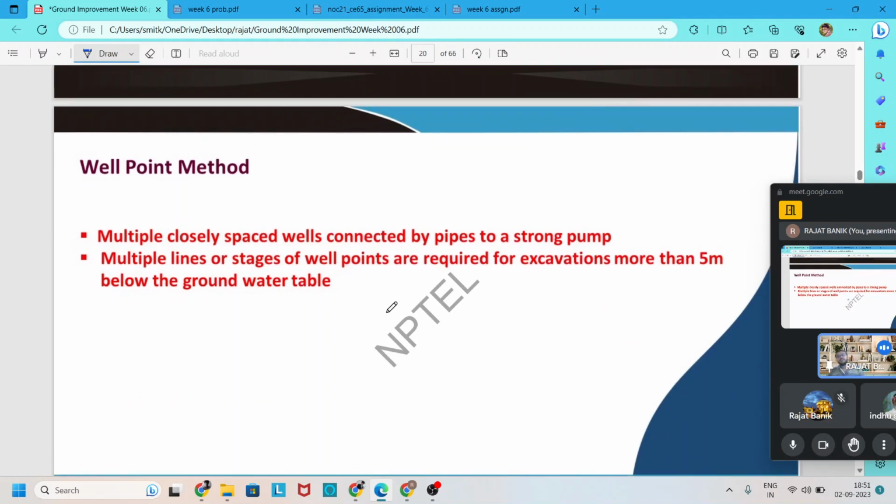So another technique of dewatering is the well point method. In this well point method, multiple closely spaced wells are connected by pipes to a strong pump. Multiple lines or stages of well points are required for excavation more than 5 meters below the ground water table.